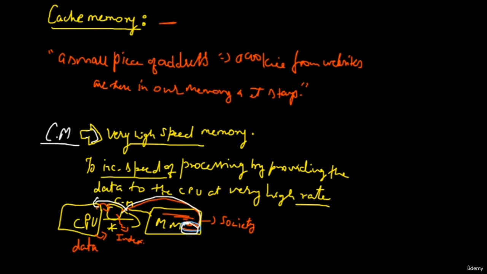So it is so fast, and almost the speed of the CPU is equal to the cache memory, so that it can compensate for the CPU to main memory time, because it takes time to fetch the data, fetch the instruction, and then put it into the CPU for processing.